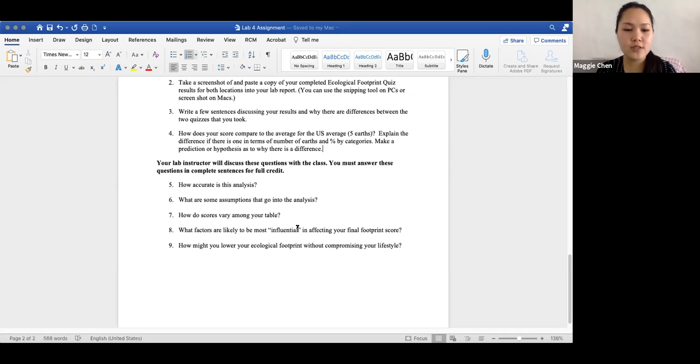And then for question 9, how might you lower your ecological footprint without compromising your lifestyle? Is there any way for you to lower your ecological footprint without changing your lifestyle? Probably not. But what can you do to lower your footprint? That last question is really to get you thinking about your lifestyle and how you can change your own footprint.